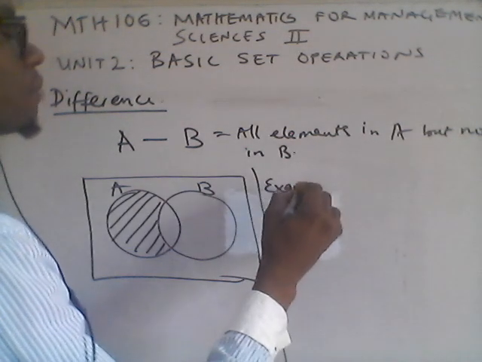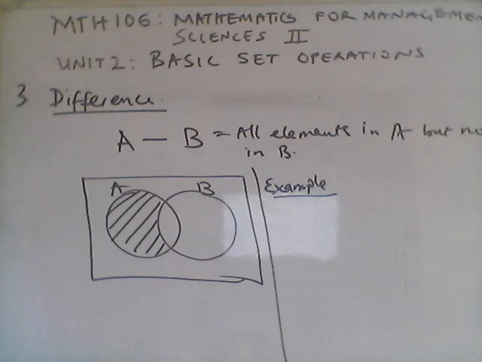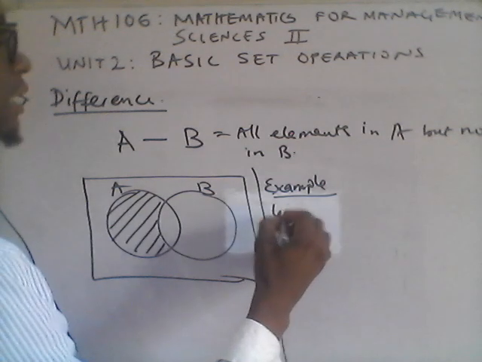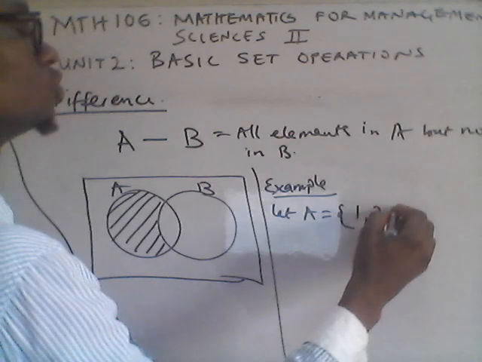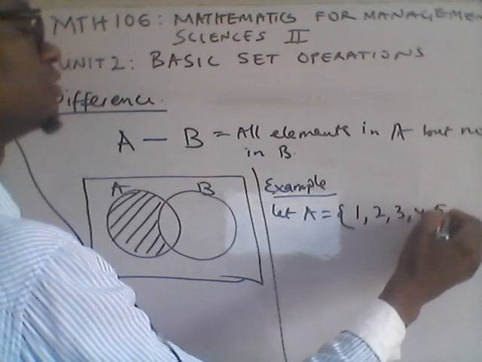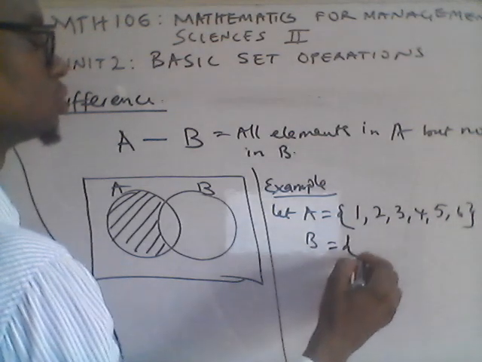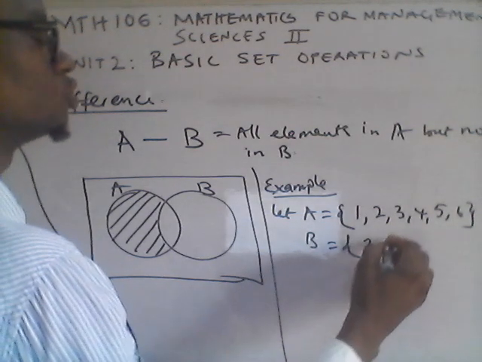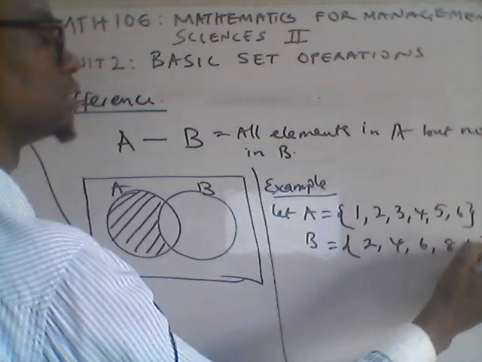Example: given sets, let A be 1, 2, 3, 4, 5, 6, and B is equal to 2, 4, 6, 8, and 10.